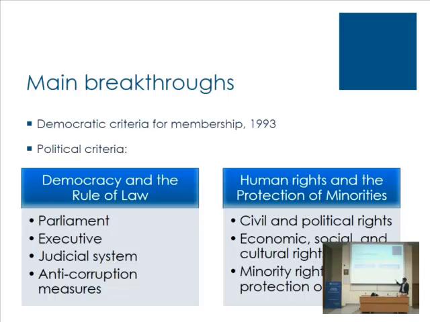But, okay, as you may notice, there's a problem with this criterion. Which is the problem for you? When we are talking about democracy and the rule of law or human rights, for instance, the executive and judicial system, what's the problem with the implementation of this criteria, with the evaluation of this criteria?